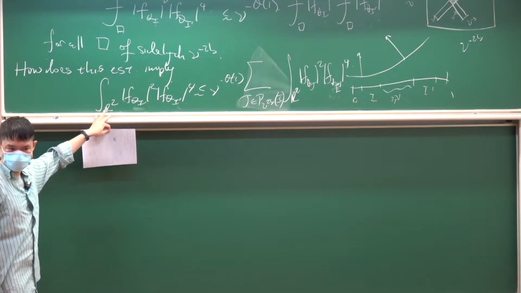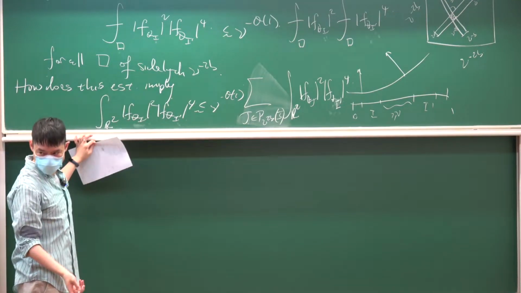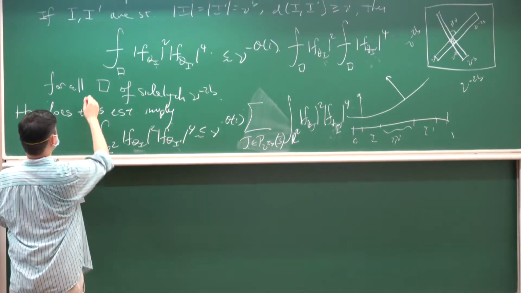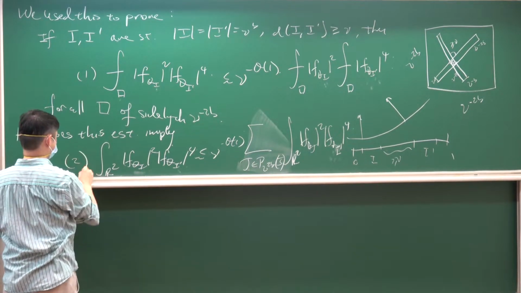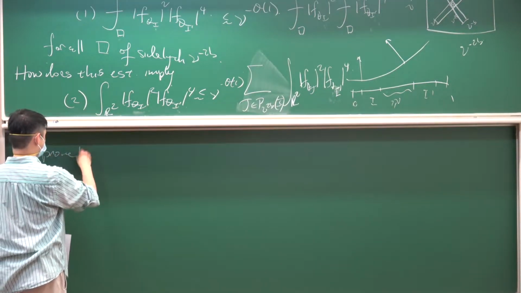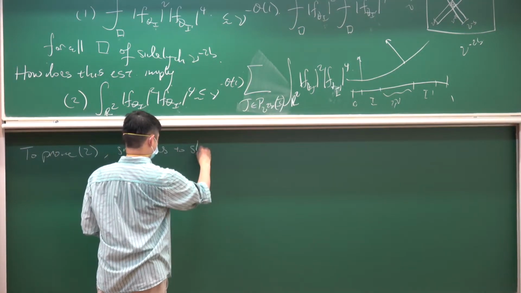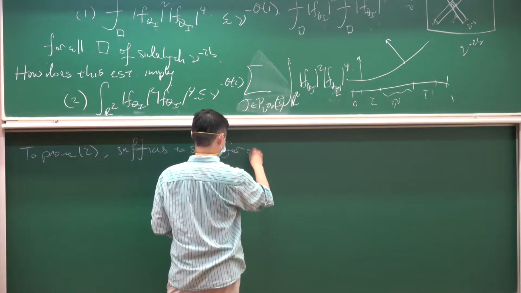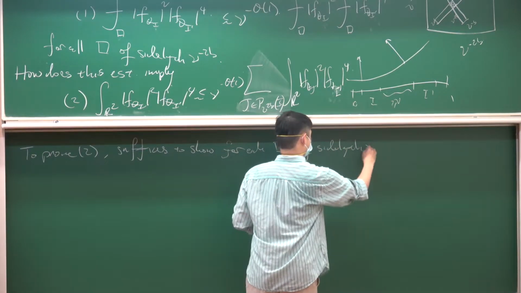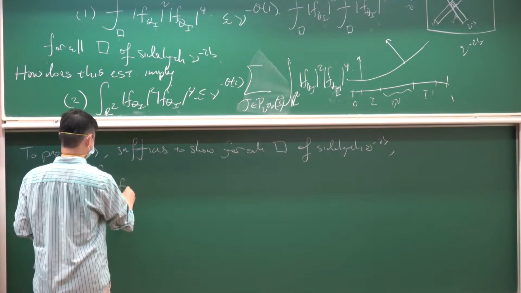I just partition R2 into squares of side length nu to the minus 2b, and I just have to prove it for each box of side length nu to the minus 2b, the integral over the box of these guys.